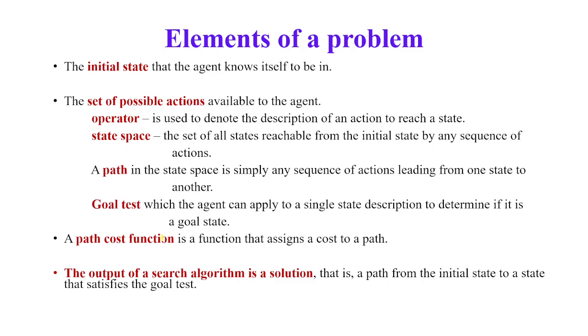The path cost function assigns a numerical cost to any path through the state space it is traveling, so that we can have a path cost from the initial state to the goal state, or through which we travel to attain the goal state.